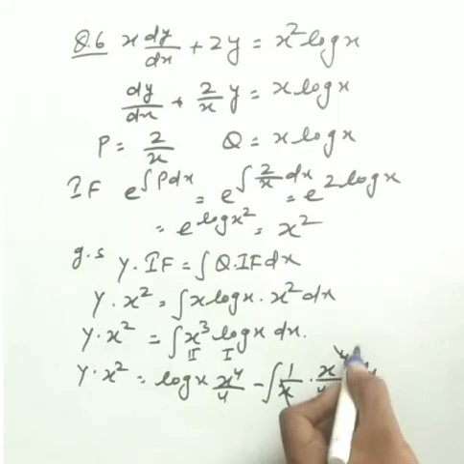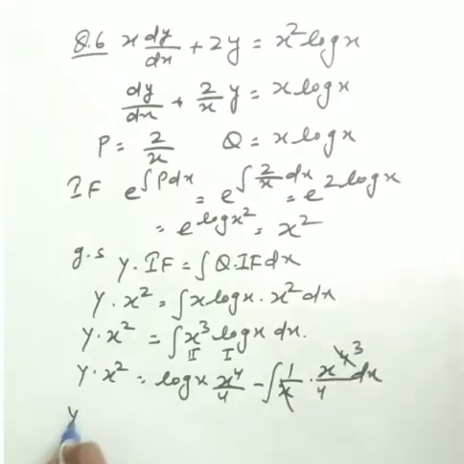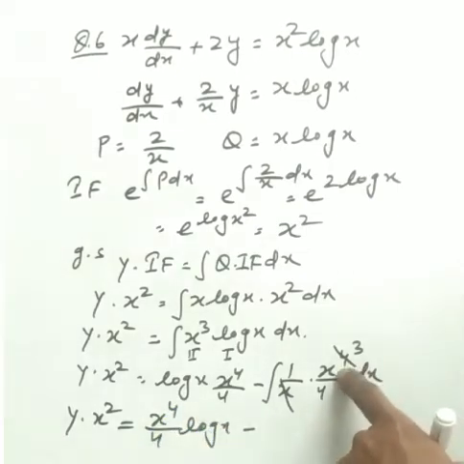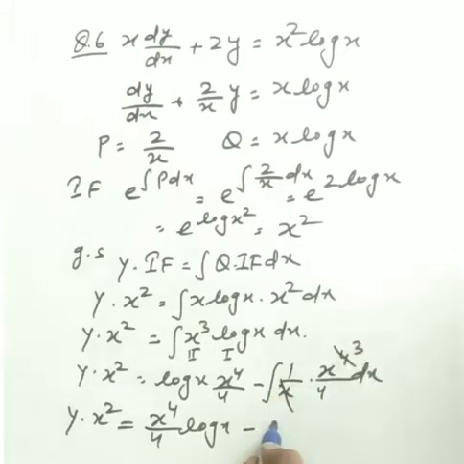Now cancel this x. So y x square equals x to the power 4 upon 4 log x minus integration of x cube, which is x to the power 4 upon 4, so 4 into 4 is 16, plus C. That is the answer.